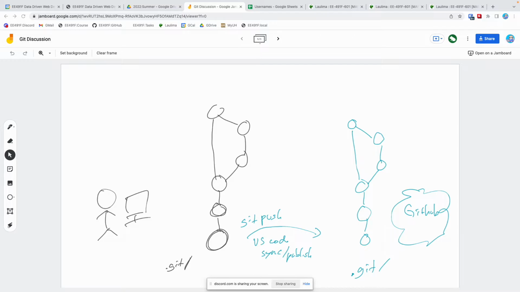Let me see if I understood. We're here, right? Are you still seeing the Jamboard? And then you're saying we made these two commits, or these two, which was based off of the third one, right? Is that what the two commits you're referring to?